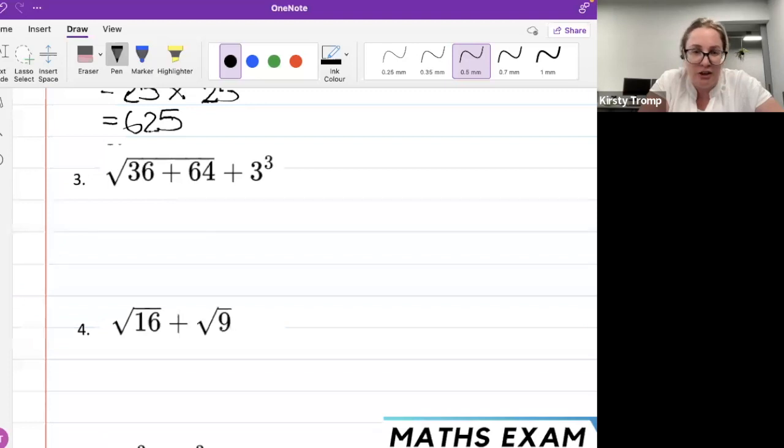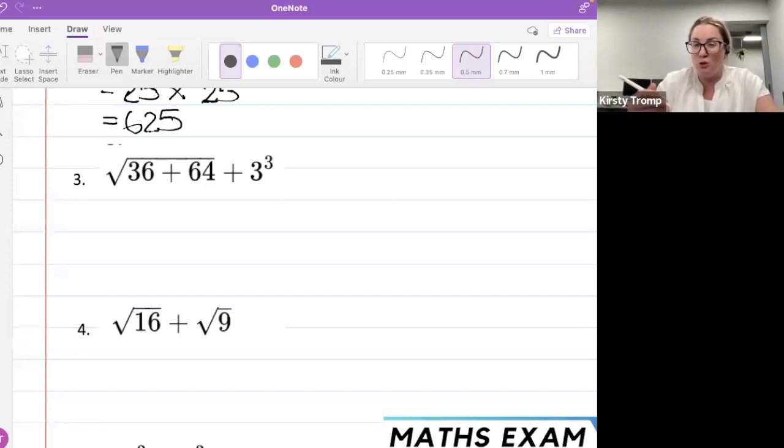So let's have a look. My first question I had there was the square roots. The square root sign, there's my house with the square root sign on top of it. The square root of 36 plus 64. And then on the outside of the square root sign, I've got plus 3 to the power of 3.